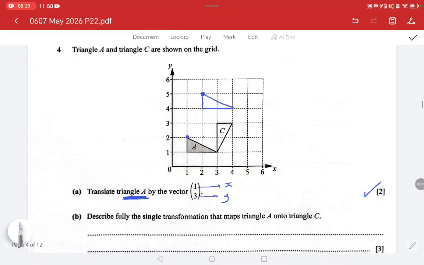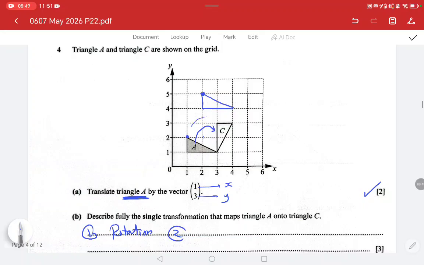Second part, describe fully the single transformation that maps triangle A onto C. If you see here from A to C, it's a rotation. So how about this rotation? Number 1, 3 points.